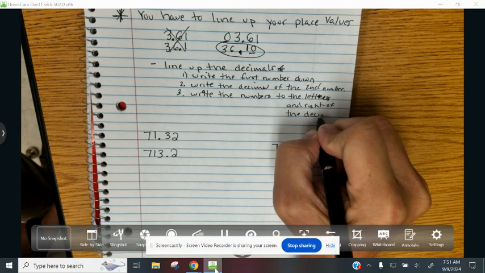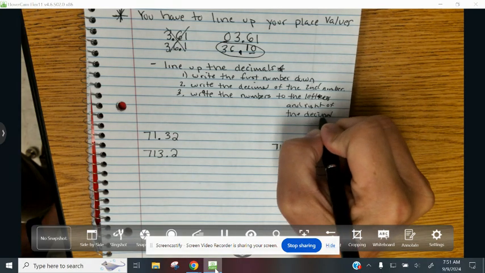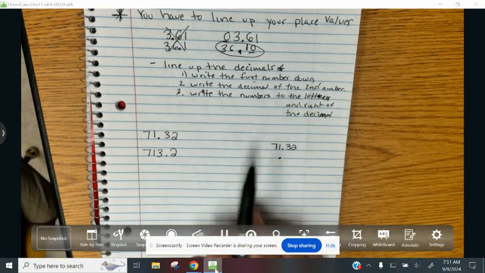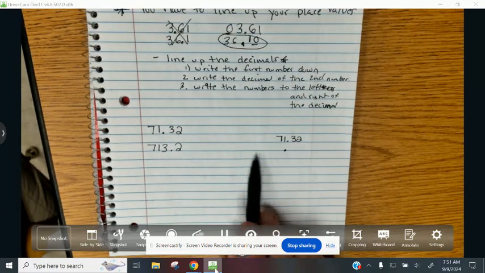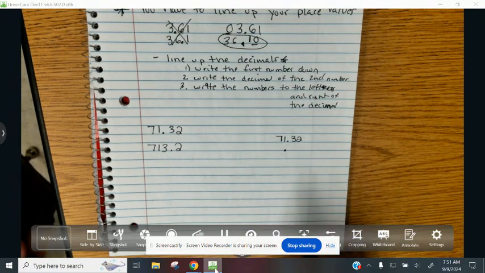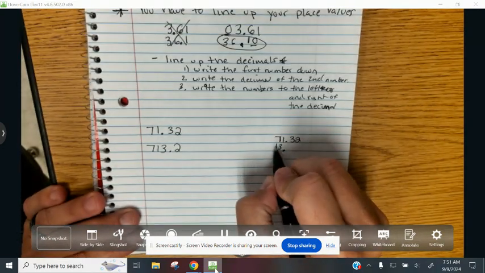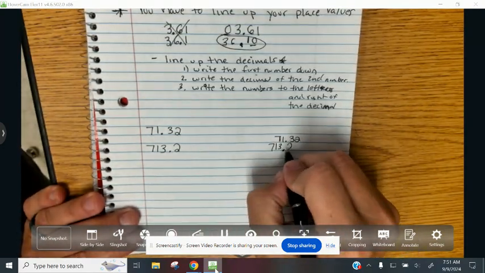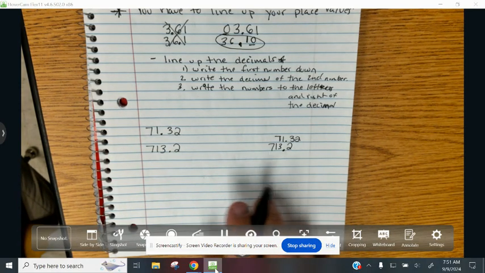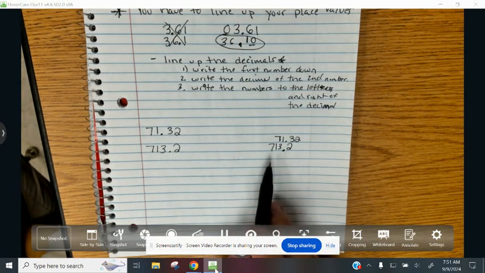Sorry, I got a little weird there. So basically what I'm trying to say there is I'm going to now write all the numbers that I know. So again, I see 713. So I see the 3, the 1, and the 7, and then I see a 2. I'm basically lining the numbers up. Okay. I'm lining the digits up based on their place value.